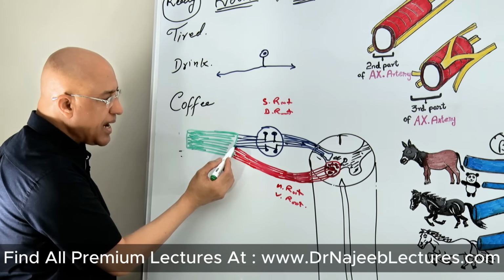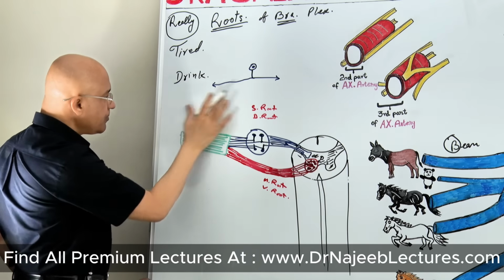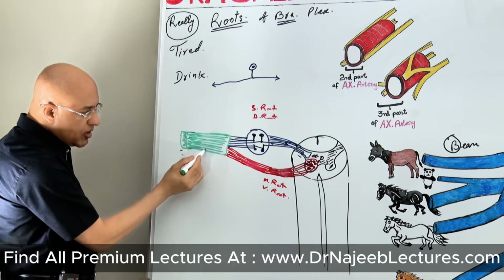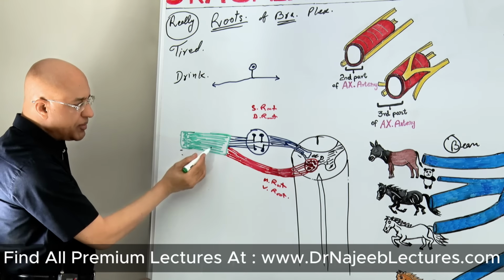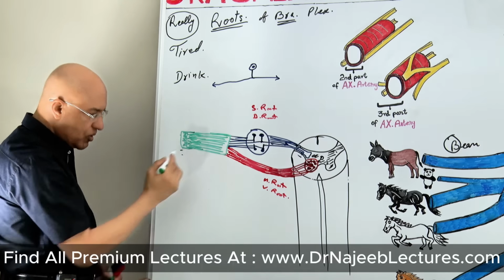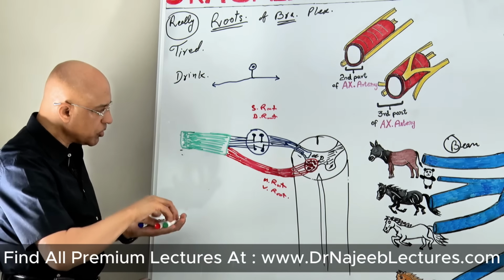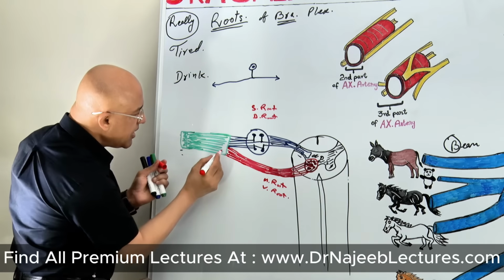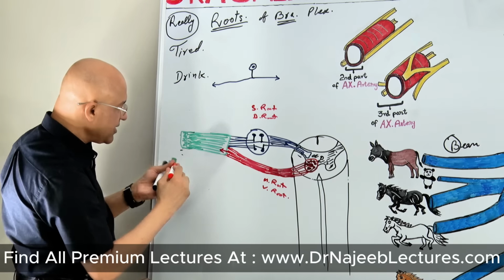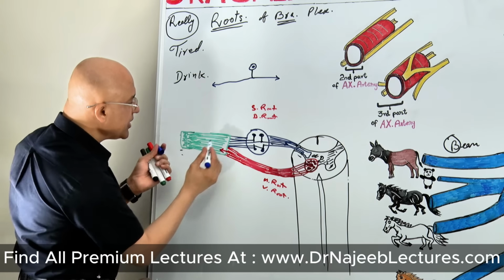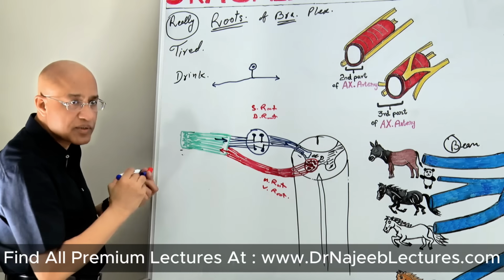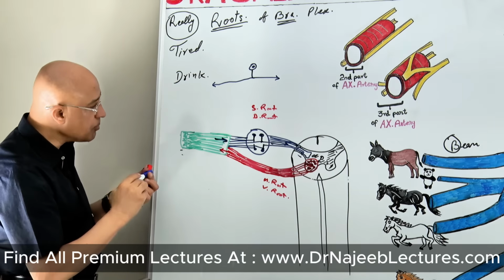Now, what really happens is that this spinal nerve, which has motor fibers, of course, also has sensory fibers, right? So this is a mixed nerve, right?